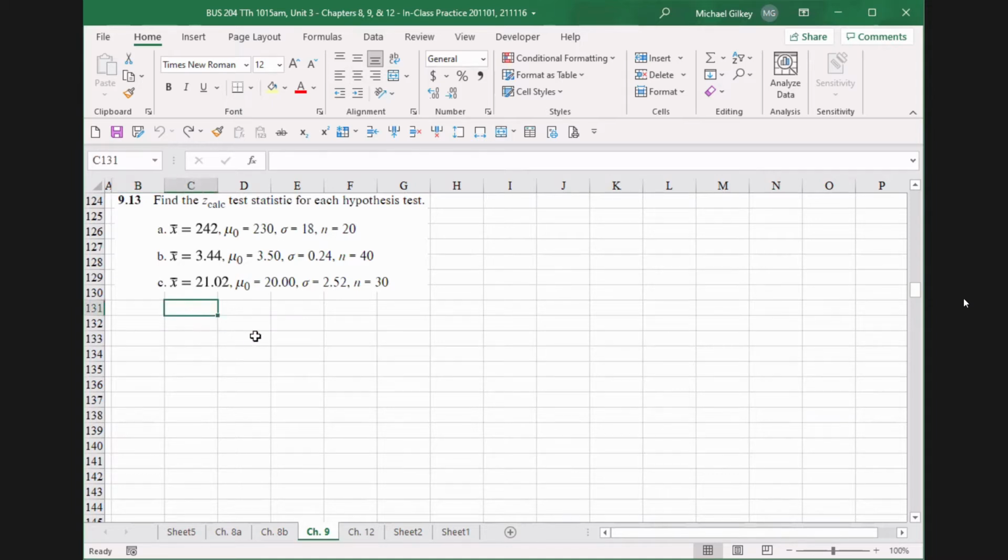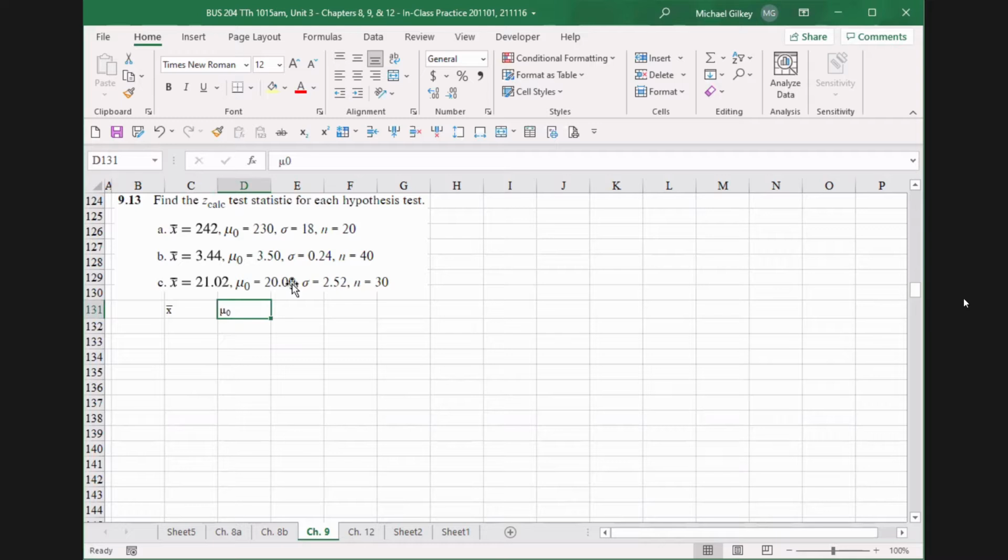So let's write down what information they give us here. They give us the sample mean, X bar. They give us the hypothesized mean, mu naught. They give us the standard deviation of the population, and they give us the sample size.